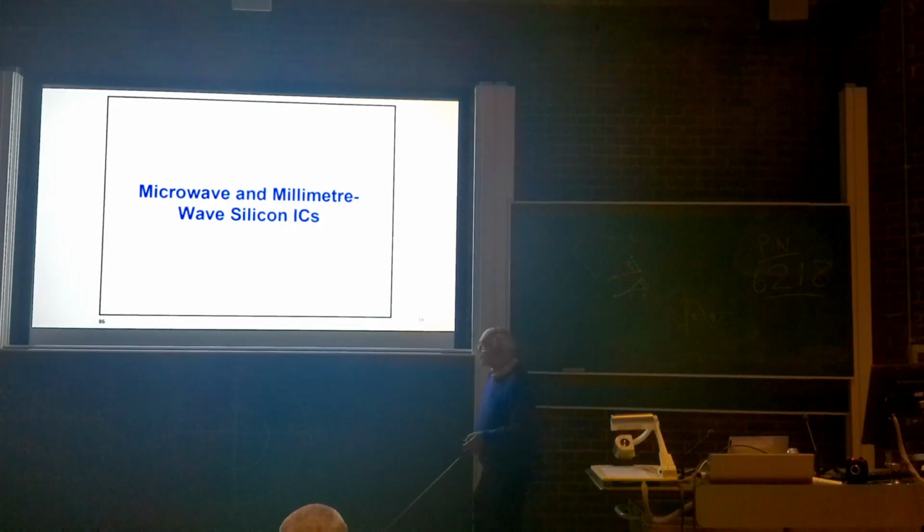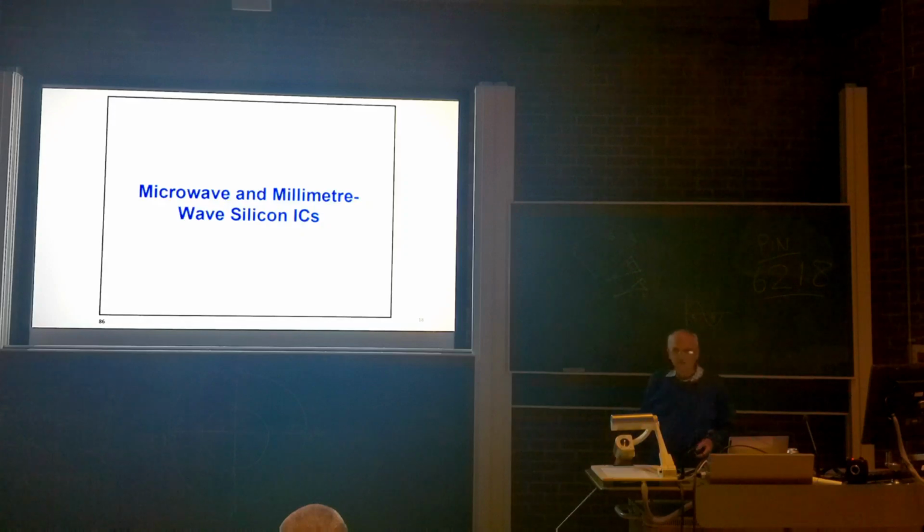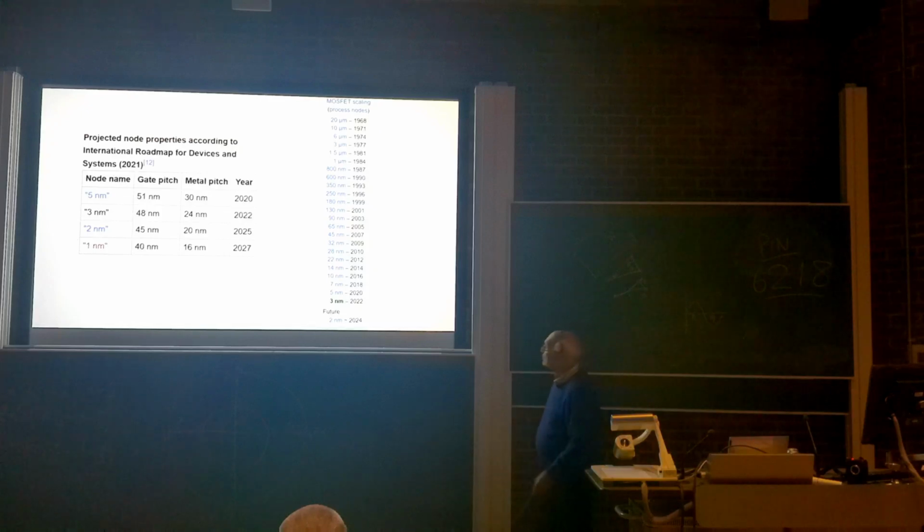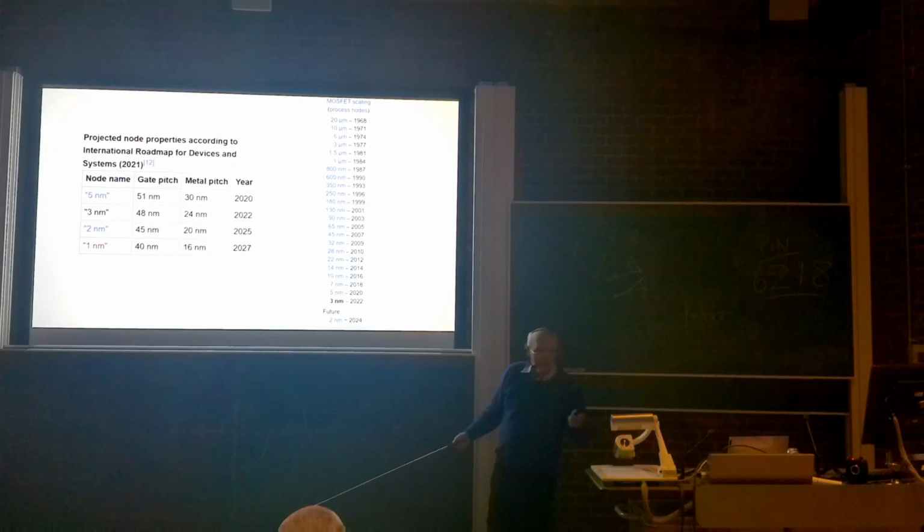So let's turn over a little bit to microwave and millimeter wave ICs. I filched another part of Ian's notes. This continues on the story of what a nanometer means to a commercial guy. Not to a physics guy, not to an engineer, but to the guys who are expert in hype.